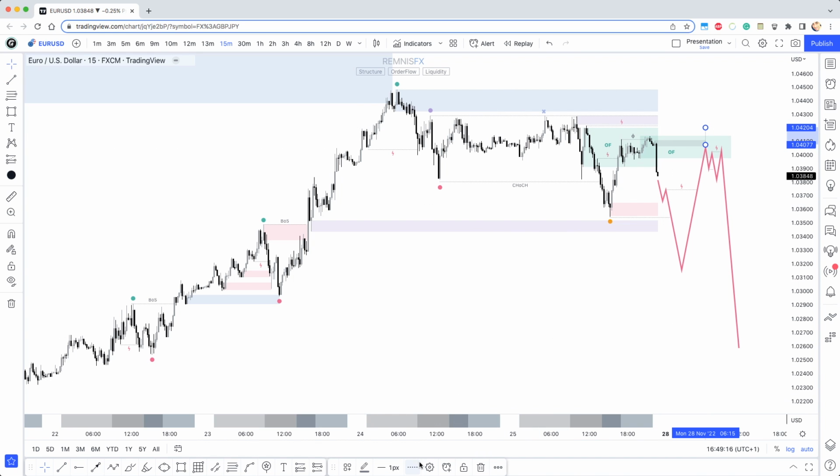Let me mark this one up like that, and change its color also. Okay, so this could also be your scenario, right? It could wick through it, and within your order flow area, if you see this pattern, your entry model, like inducement created, taken out, liquidity, then you could also look for your entry models from here, okay?